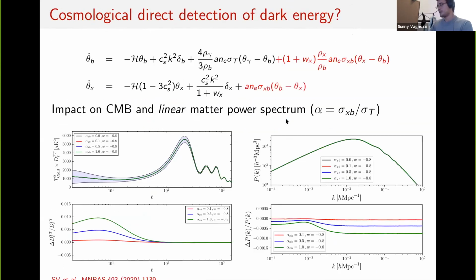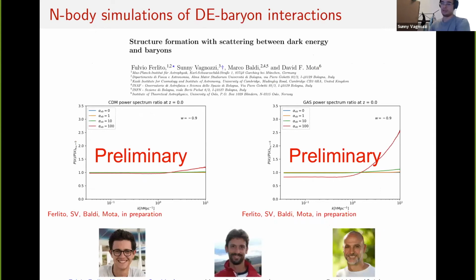Now, we can only trust our calculation on linear scales up to k roughly here. But what if we want to go to non-linear scales? Because maybe, most likely, we can get some interesting signatures there. The only way to do this is to run n-body simulations. That's what we're doing with my student Fulvio in Munich, and David Mota and Marco Baldi in Bologna, who is an expert on dark energy simulations.